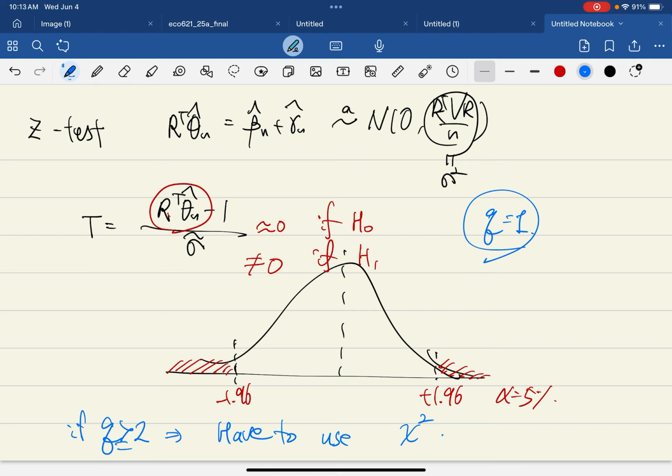And actually this z-test is a kind of chi-square test. If you square it, that will be the chi-square test, okay? So they are connected. I had to tell you this in class. I could not have time to do that.